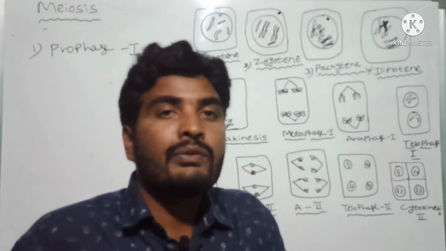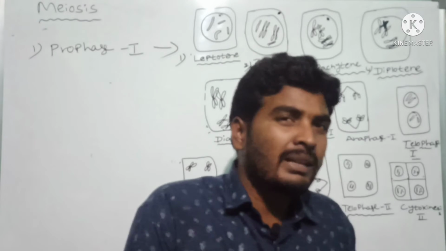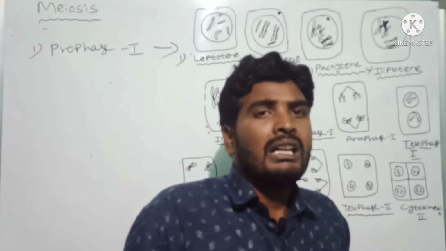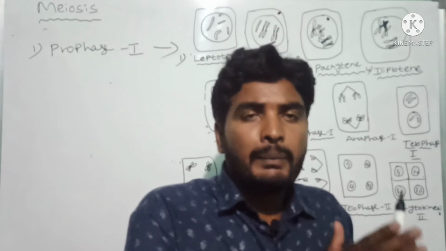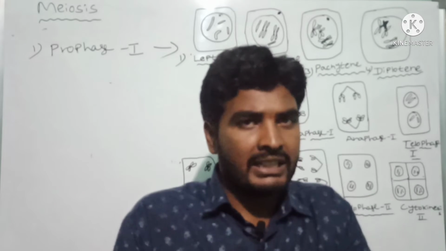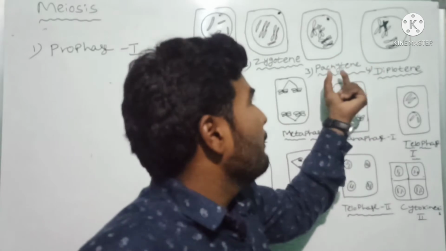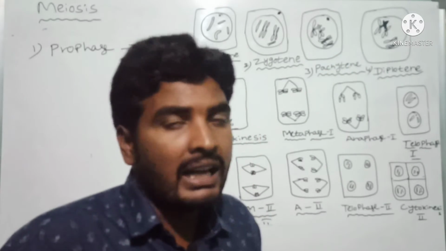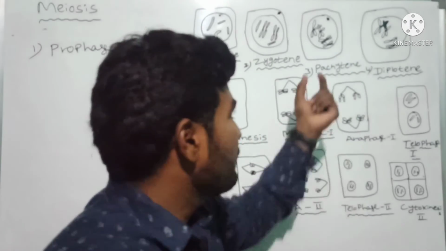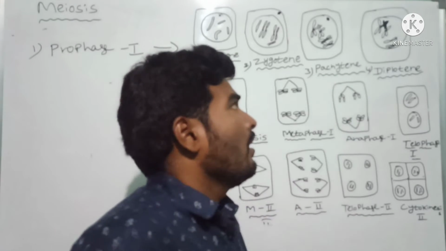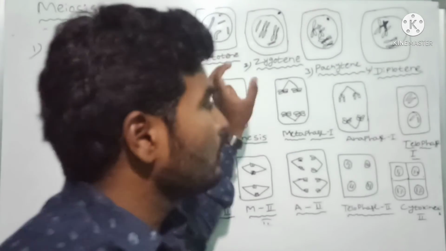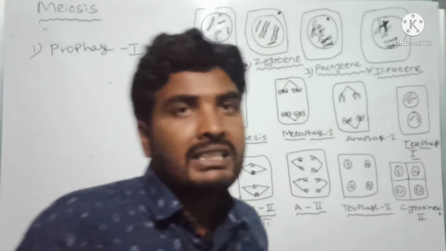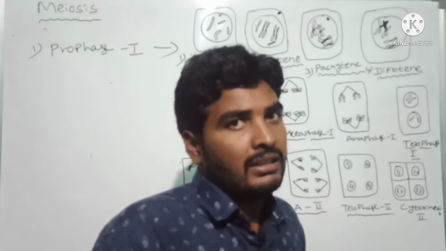So what is the meaning of crossing over? Exchange of genetic material between the non-sister chromatids is called crossing over. This pachytene stage is the longest stage. Zygotene and leptotene are very short stages, and pachytene is a very long duration stage.